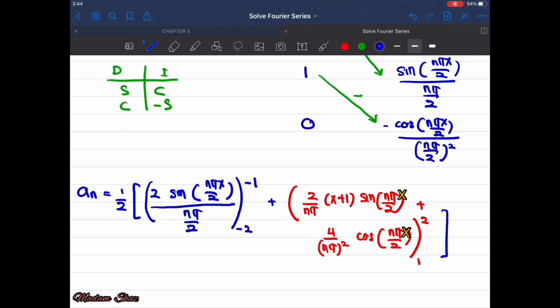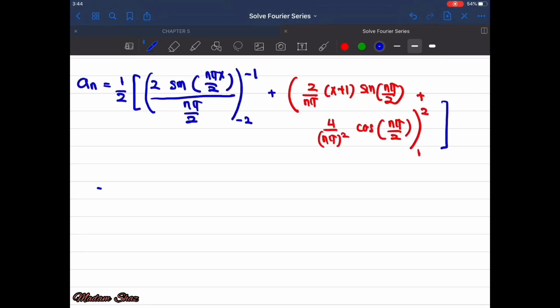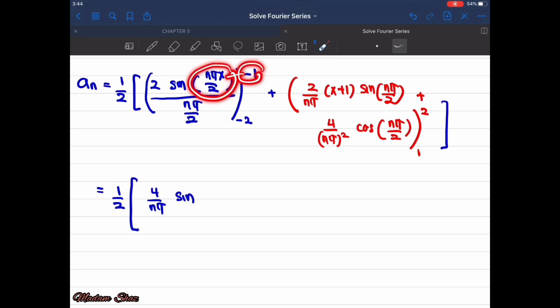So now substitute the limit. For the first bracket, this one will become 1 over 2. 2 divided with n pi over 2, this one will become 4 over n pi. Sin n pi x over 2, substitute negative 1 to the position of x. N pi multiply negative 1 divided with 2 will become negative n pi over 2.